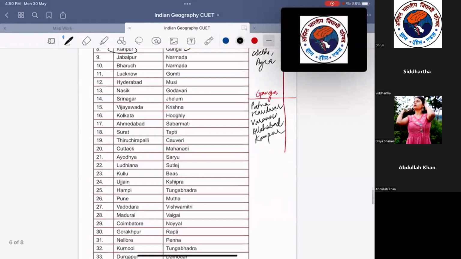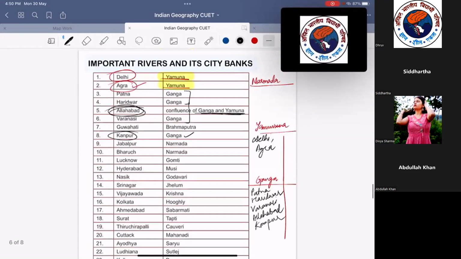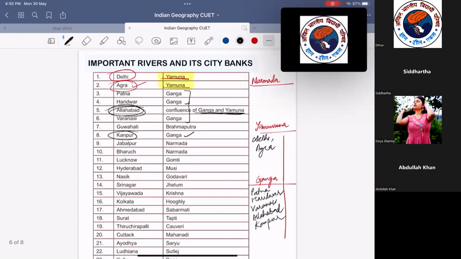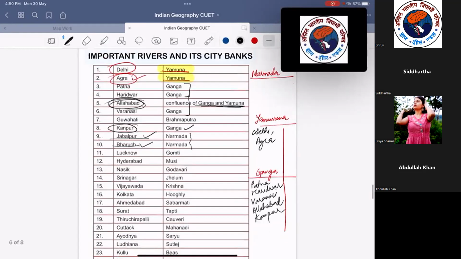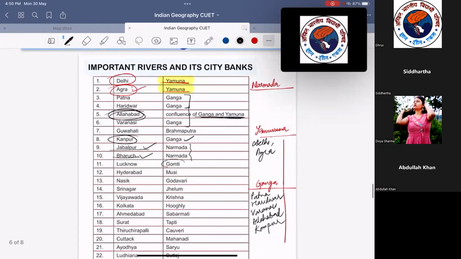Moving on, which important cities are on the bank of Narmada? They are not that important, but for the sake of information you should at least be aware of their names. Jabalpur and Bharuch are the small cities on the bank of Narmada. Lucknow is very important and it is on the bank of Gomti.